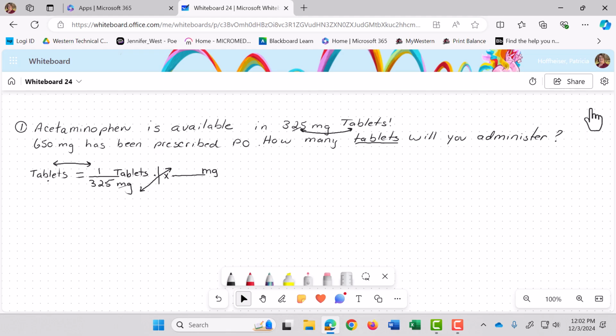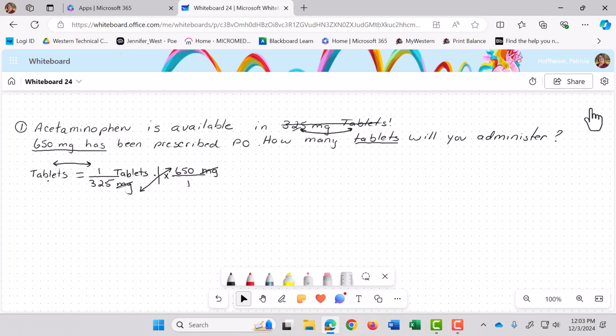So then they go back to their problem. They've already used that part. So the only thing left is the order, which is 650 milligrams has been prescribed. So 650 goes there. And then I just tell them there's an invisible 1 here. Now the question that the student needs to ask themselves is, am I finished setting up my problem? And the way to check is to cross match the units of measure.